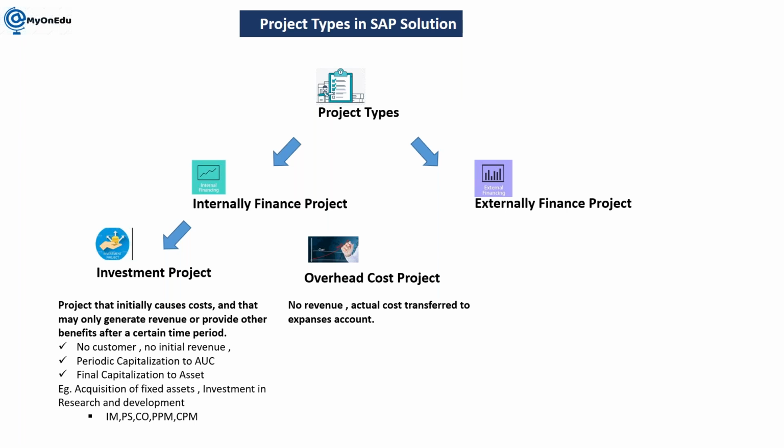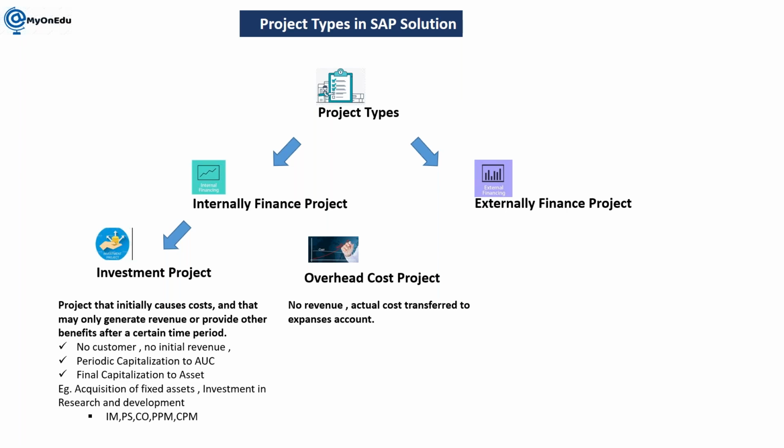Whatever amount you incur for that program becomes your overhead cost project, because you are not going to get any profit on it directly. Indirectly we have benefits; it improves your organization's image in the market. There are other benefits also, but directly you don't have any profit. The cost you incur in this program is going to be settled into your expense account.